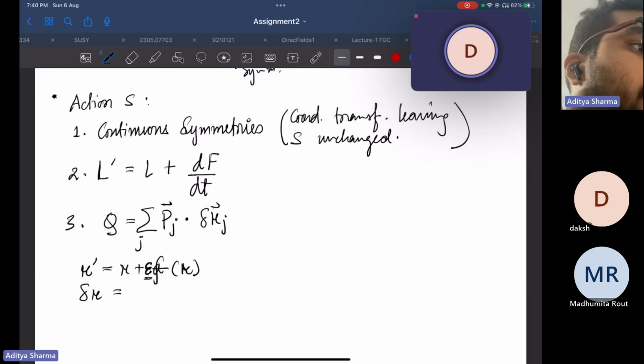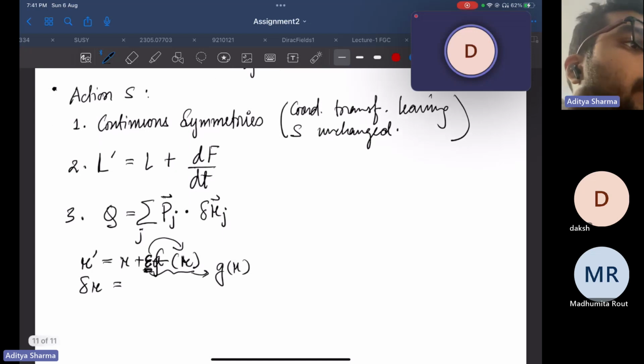This is the deformation parameter. It will tell you how to deform. You can put this inside and call this new function g of r, but this is not a big deal. But if you keep the deformation parameter intact, it will be helpful for you. You will not get confused with notations. Delta R is equal to epsilon f(r).